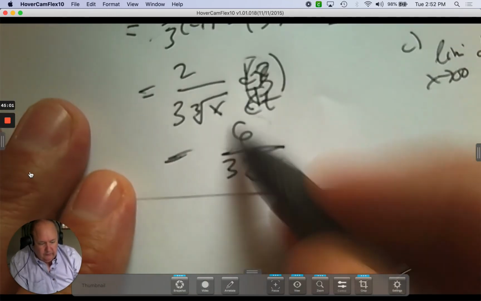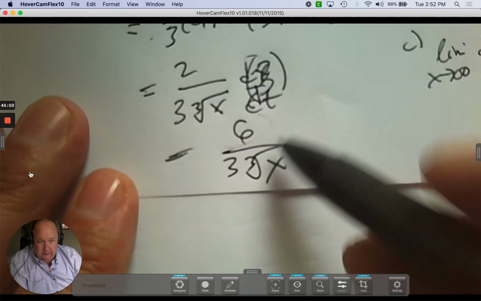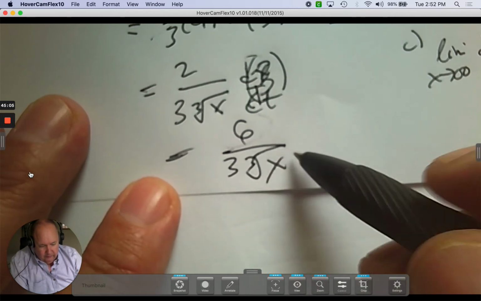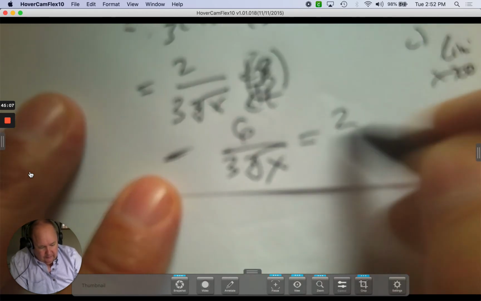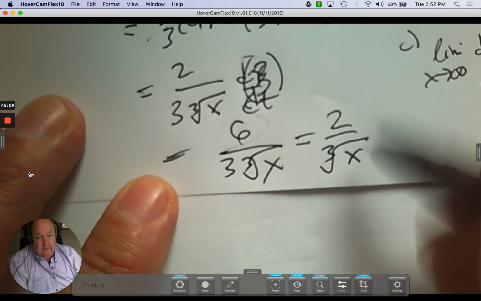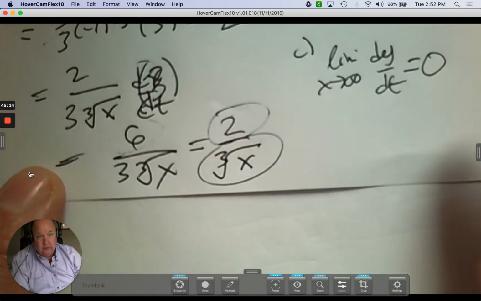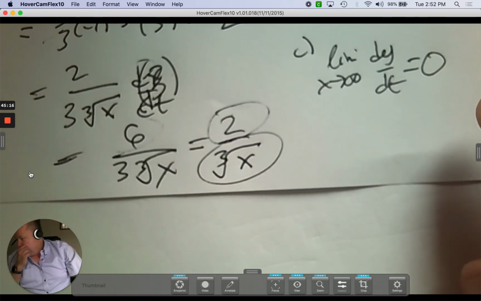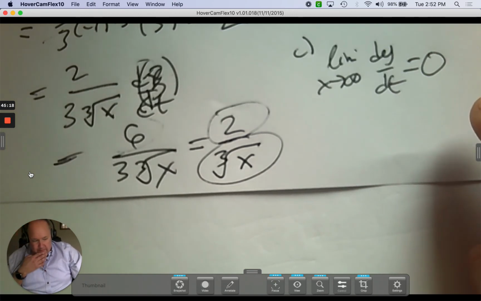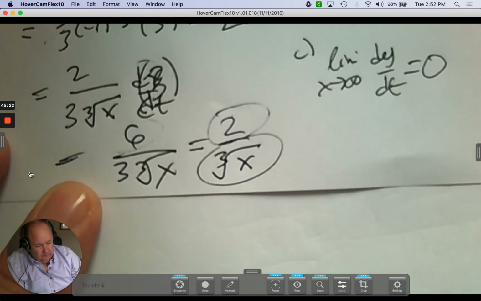So 2 times 3 is 6, and write it as a negative exponent cube root. So as you go to infinity, the denominator will be more powerful than the numerator. So this is going to go to 0 as x goes to infinity. And now part D, what's the limit as x approaches 0 from the left side?